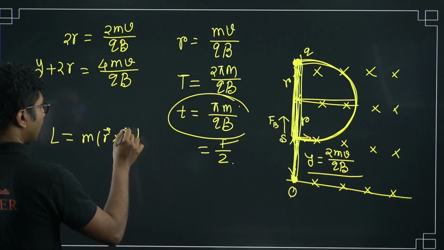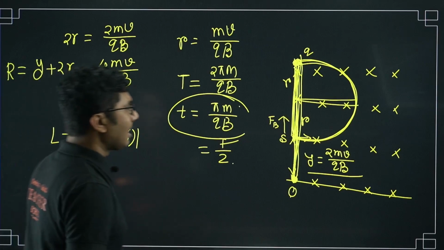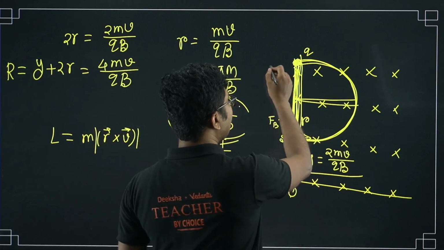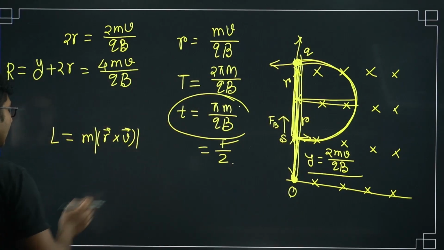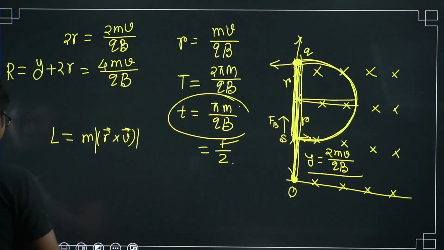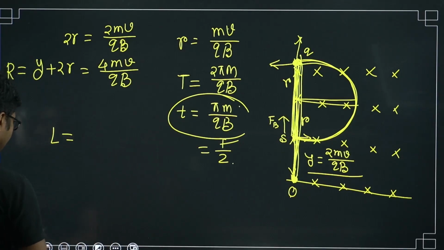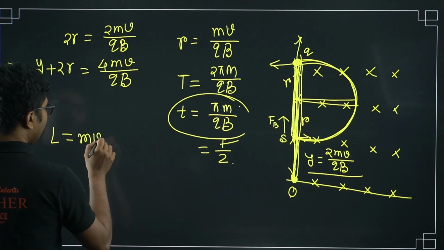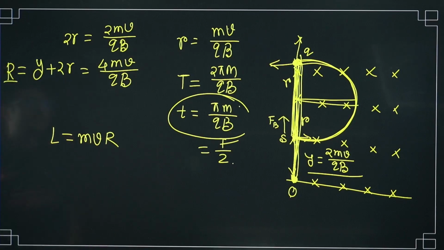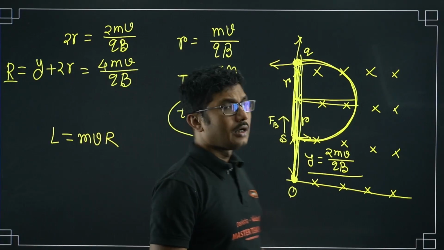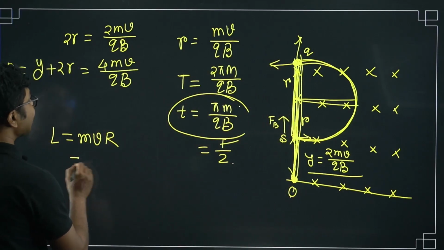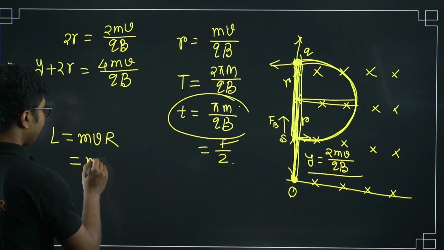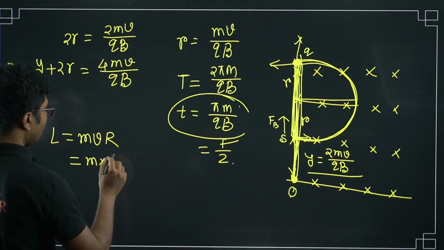Here r and v are in perpendicular directions, so sine 90 degrees will come, and it will be just mvr, the normal scalar expression. Here r is the total distance from the origin. We are finding the angular momentum with respect to the origin. So what is m? It is not given. V is E by B.